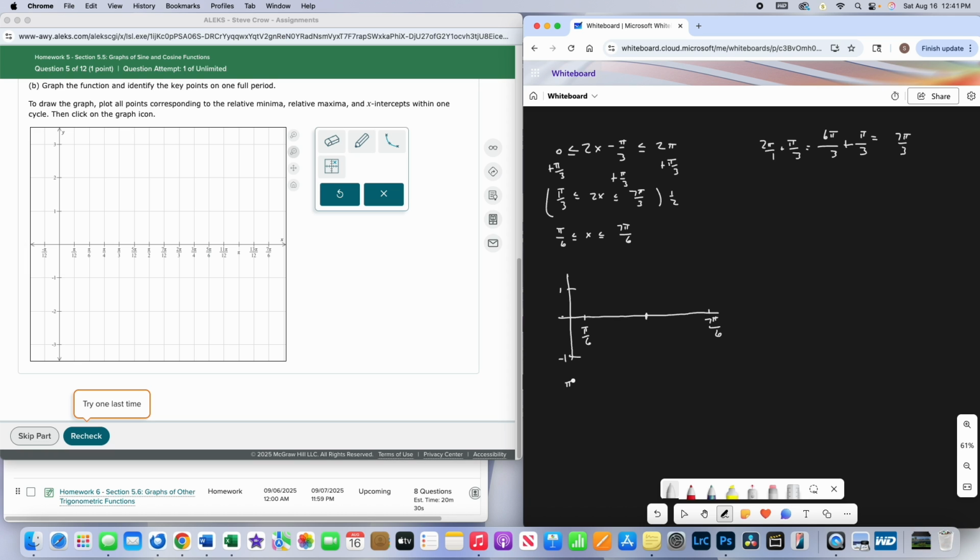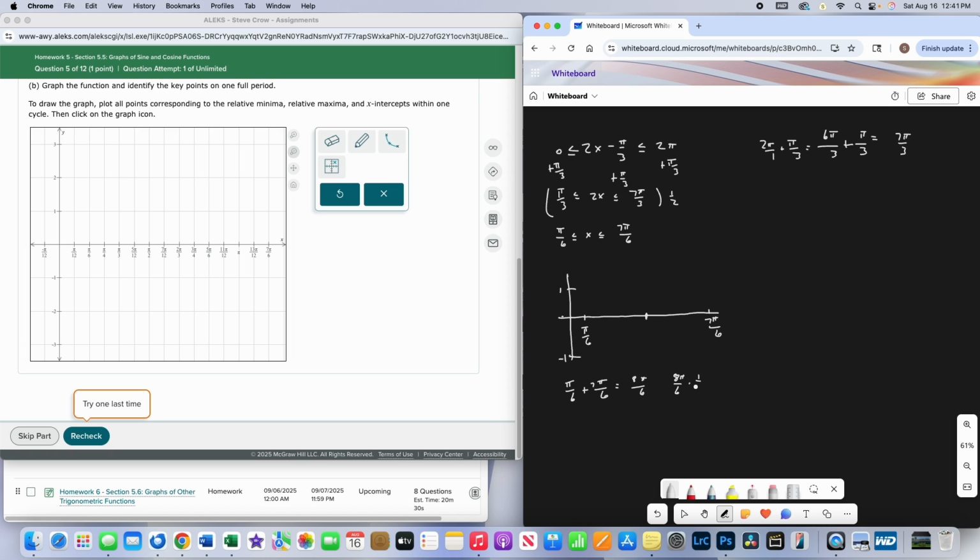So that's going to be pi over 6 plus 7 pi over 6, and that is going to equal 8 pi over 6. All right, so remember, whenever you're looking for the midpoint between two numbers, just add the numbers, and then we want to take the 8 pi over 6 and divide by 2.